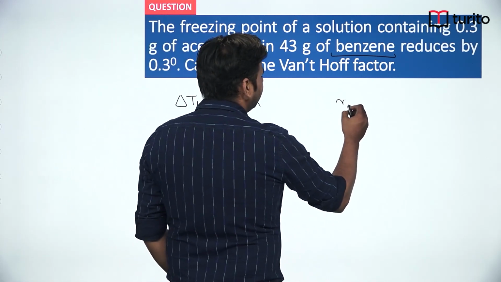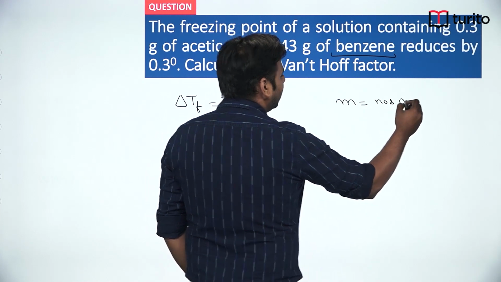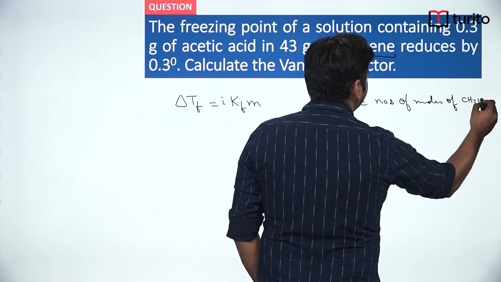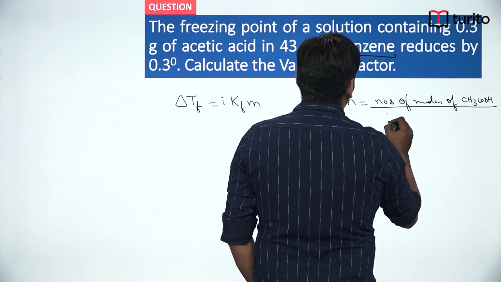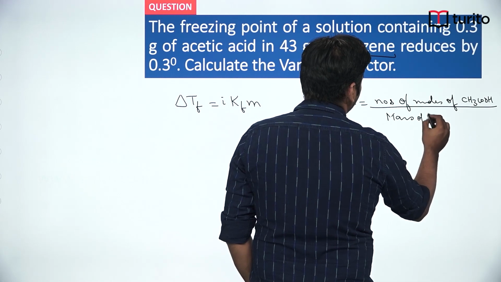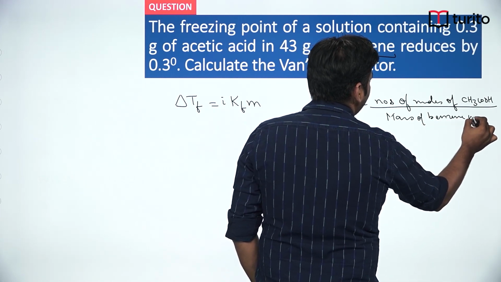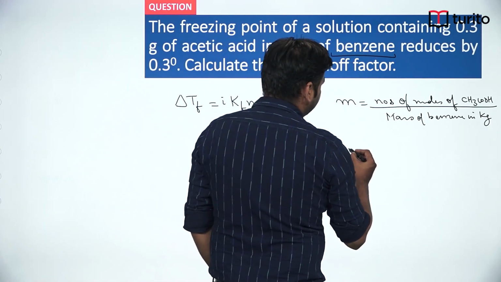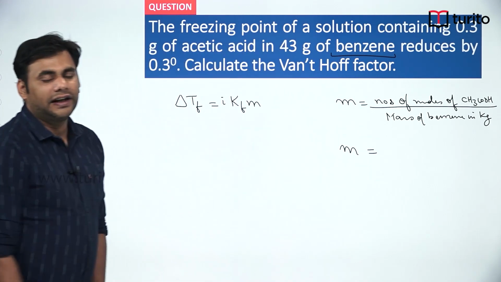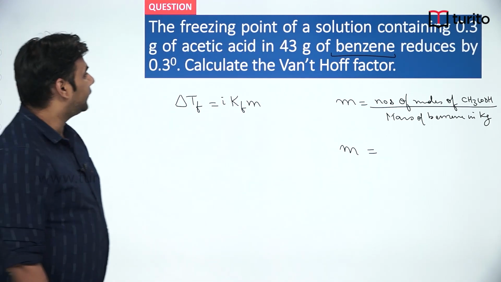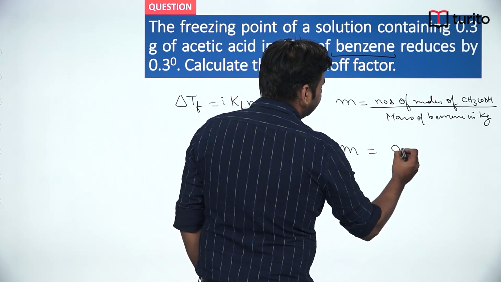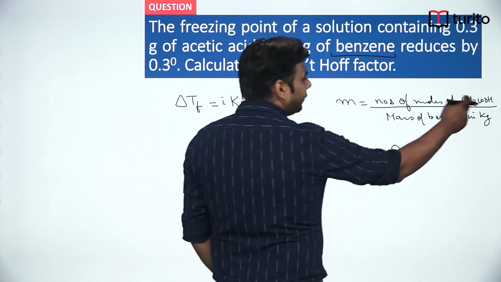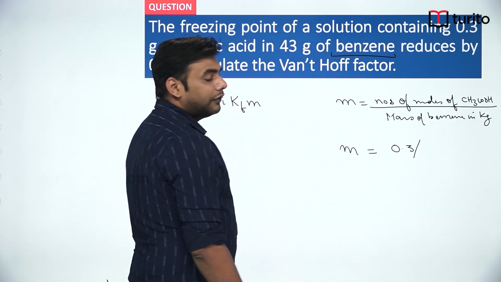So molality of this solution would be number of moles of solute. Okay, number of moles of acetic acid, because acetic acid is the solute in this case, divided by mass of solvent, benzene is the solvent, in kg. Okay, hope this is clear to you. Now number of moles is mass of acetic acid upon molar mass. So acetic acid mass is 0.3. The molar mass of acetic acid: there are 2 carbons, so this is 24, 36, 32, 56 plus 4, 60.